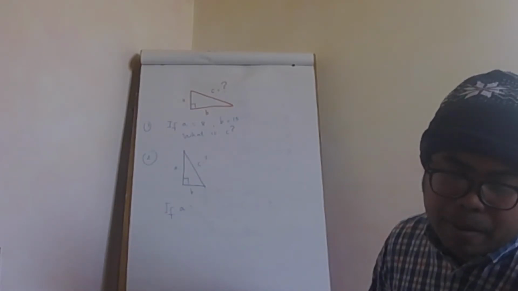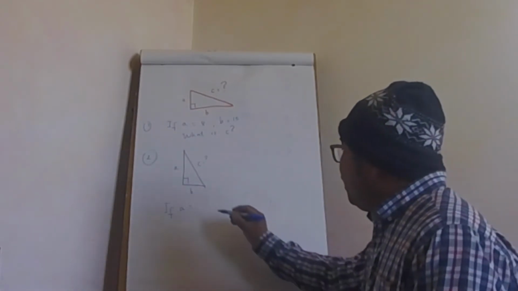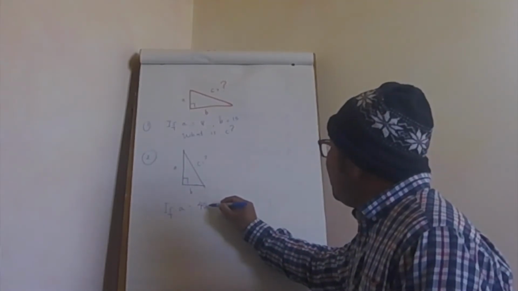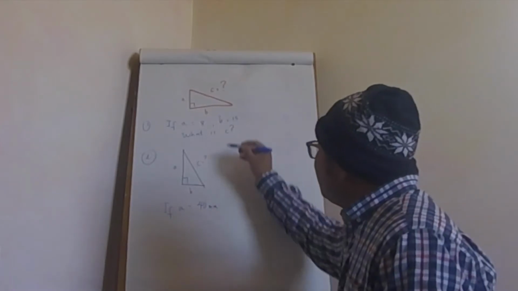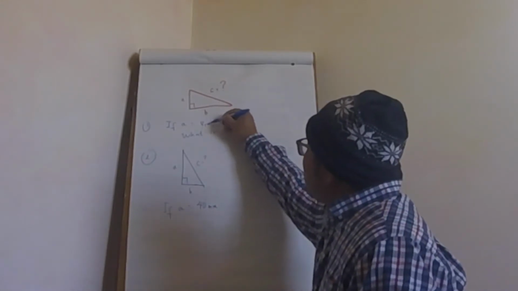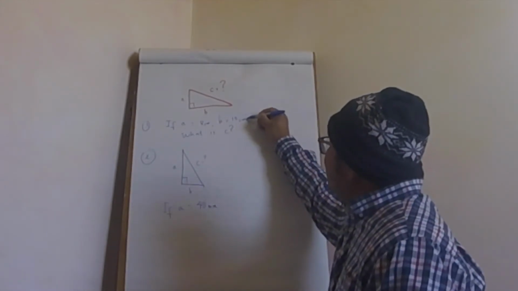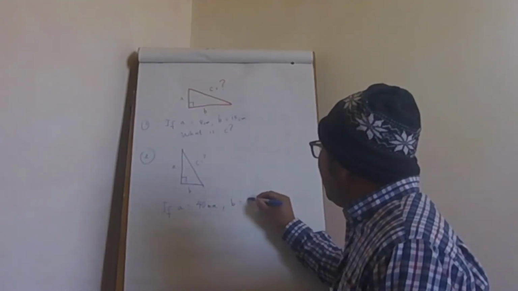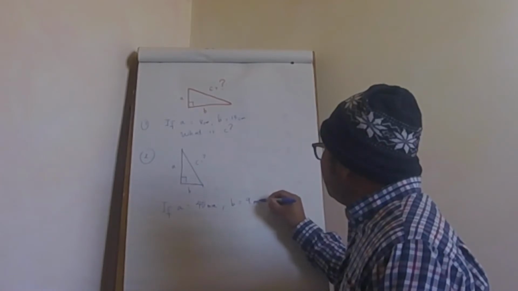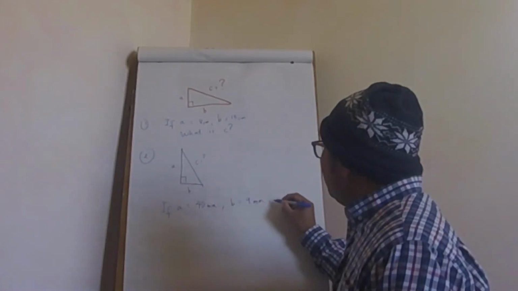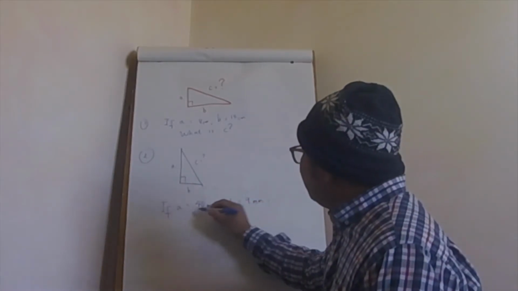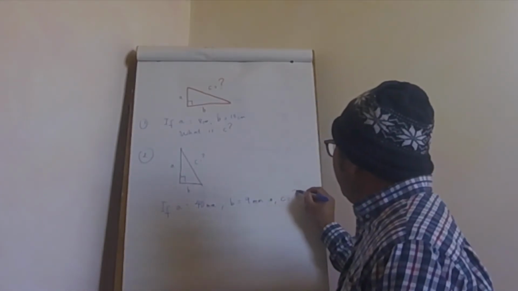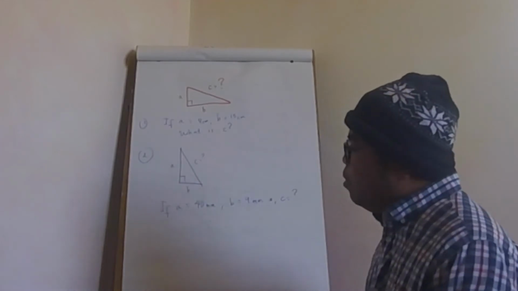This is 40 mm and B is 9 mm. What is C? And C is blank.